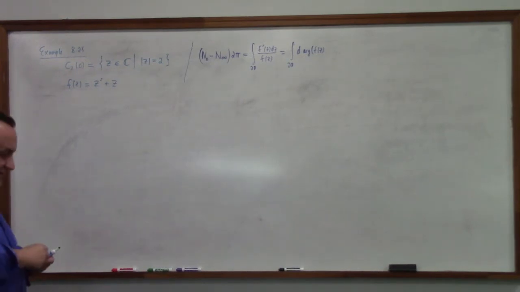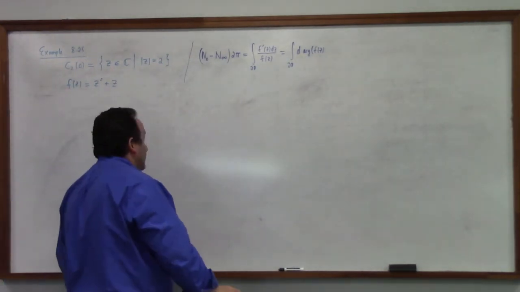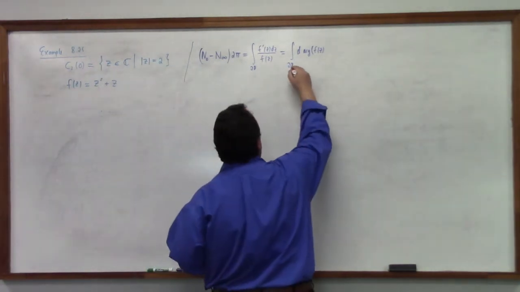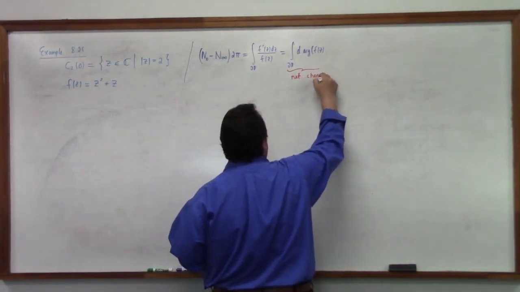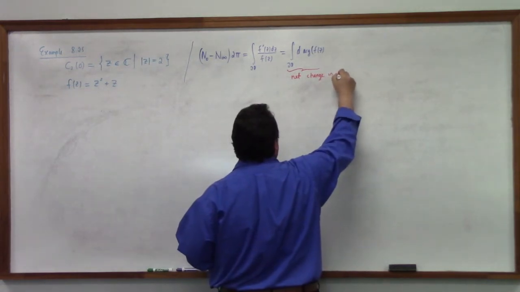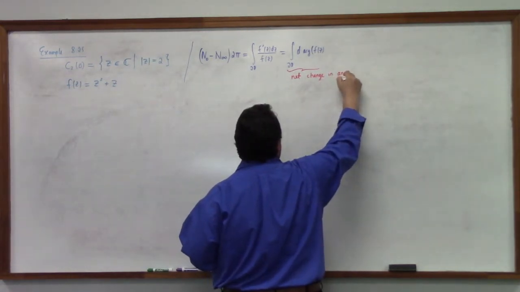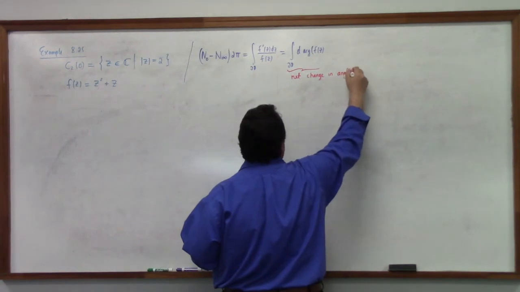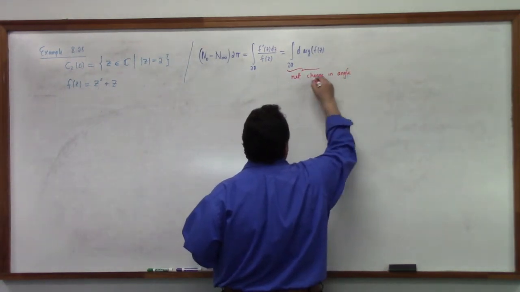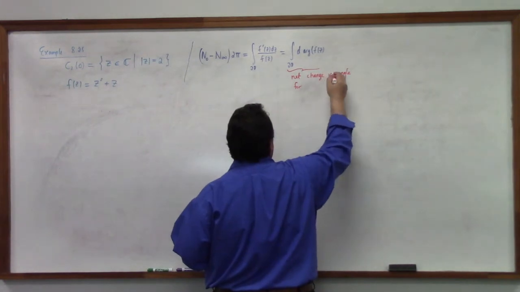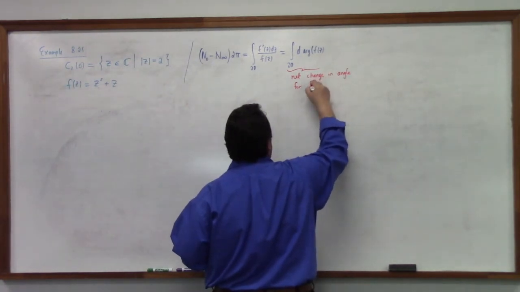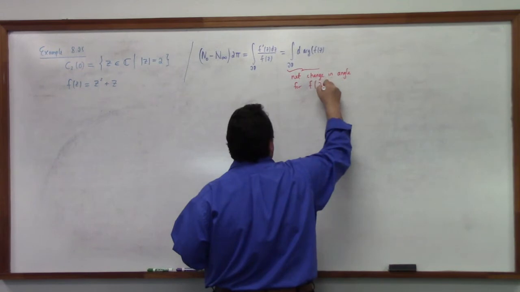So what this is, is the net change in angle. If you look at it, it's the same as the net change in angle for f of the boundary of d.